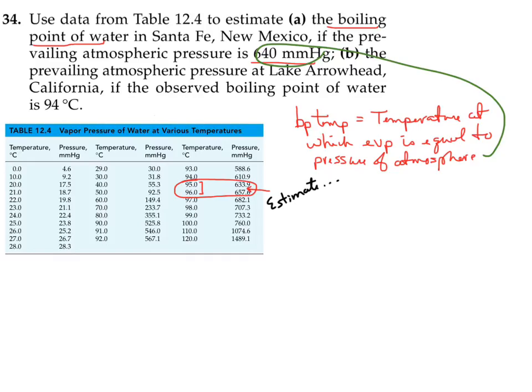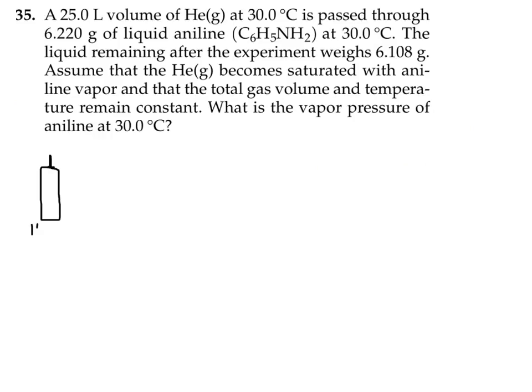Now in this one, you don't have 640 on there, so I kind of highlighted where I would estimate. It's basically gonna be 95 point something. And then there's a follow-up question, says the temperature of water boils at 94 degrees Celsius at this location, so what atmospheric pressure must it be? Okay, so use the table again.